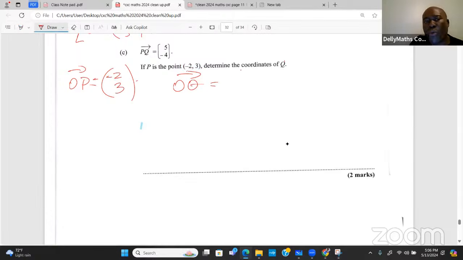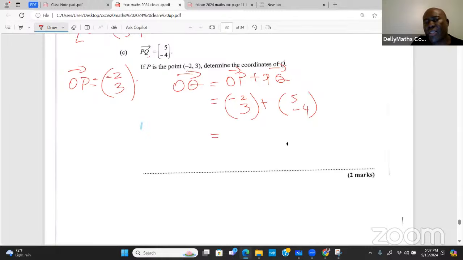OQ means that I'm going to move from O to P and then travel from P to Q. Now, we have OP, -2, 3, plus PQ in the same direction, 5, -4.